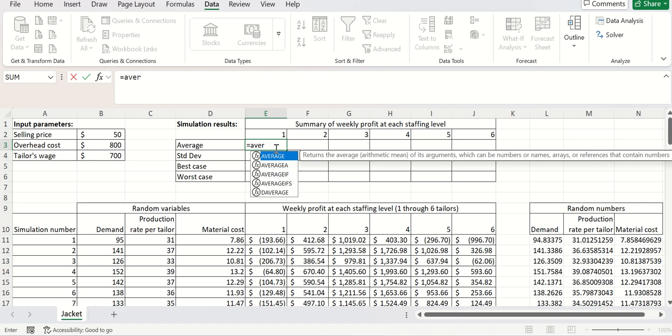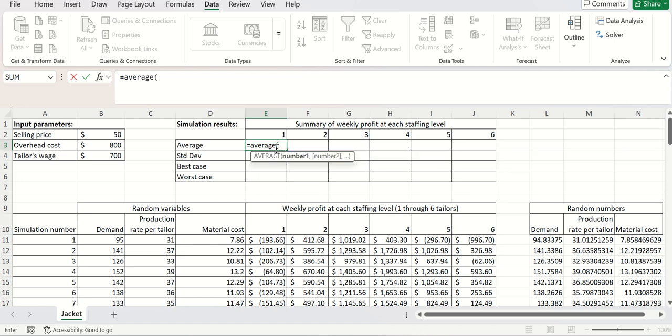If I take equals the average of the 100 different scenarios, and in the scenario what I've done was I've taken a random number for the demand for that week, a random number for the production per tailor, and a random number for the material cost. So it could be any week, any kind of scenario that pops up.